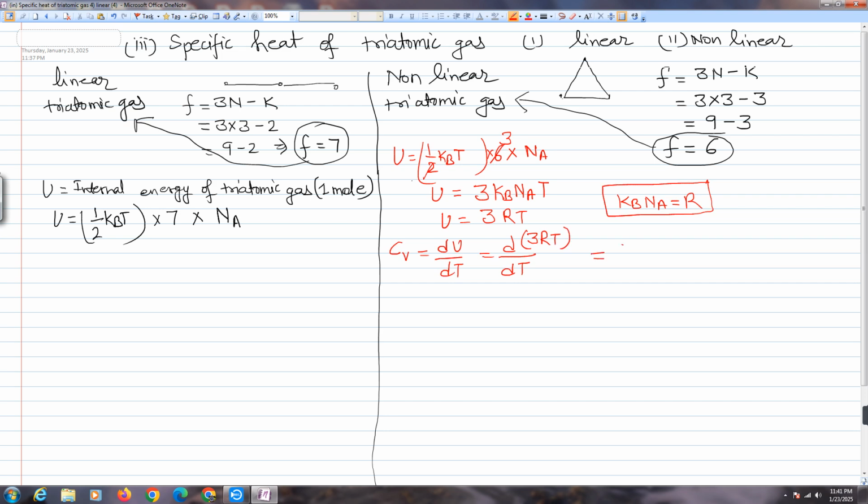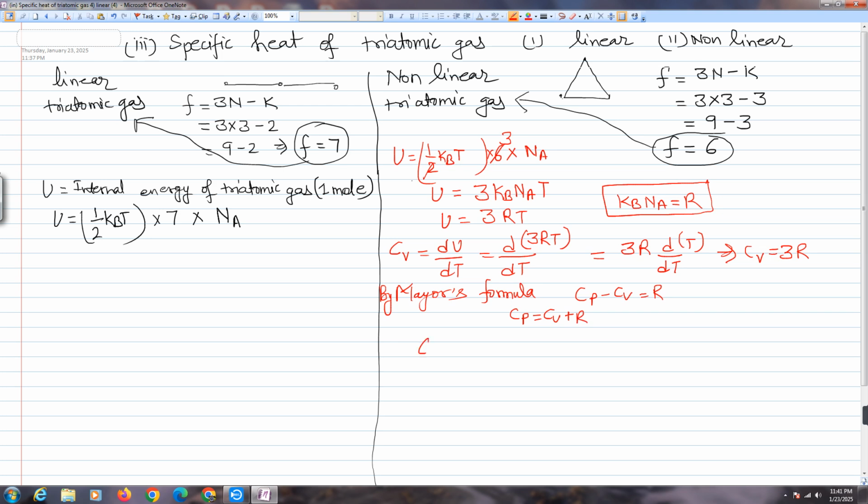Out of this 3R is constant, and the remaining part d by dT of T. So that comes out Cv is equal to 3R. Now by Mayer's formula Cp minus Cv is equal to R. So that's why we can write Cp is equal to Cv plus R. Correct?